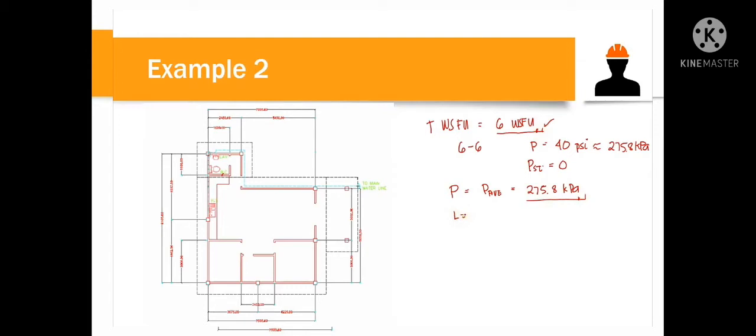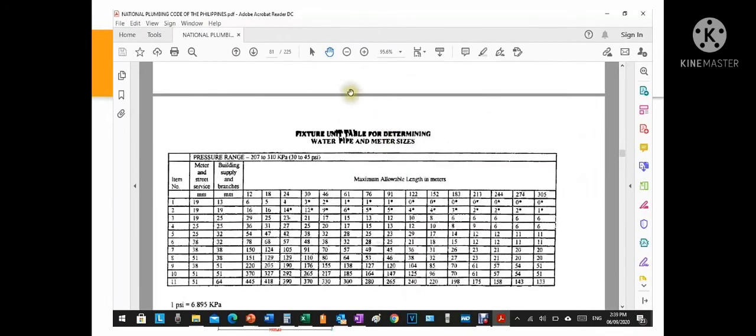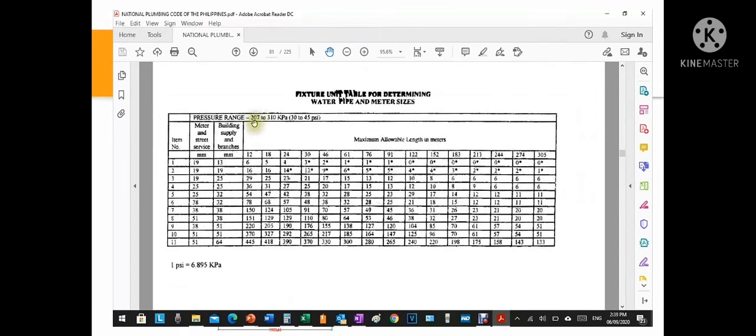From our first problem, this is 9 meters, correct? If you remember, we have this value here. So, let's go to table 6-6. Where does it fall? It still falls within 207 to 310 kilopascal. We have the length of 9 meters.